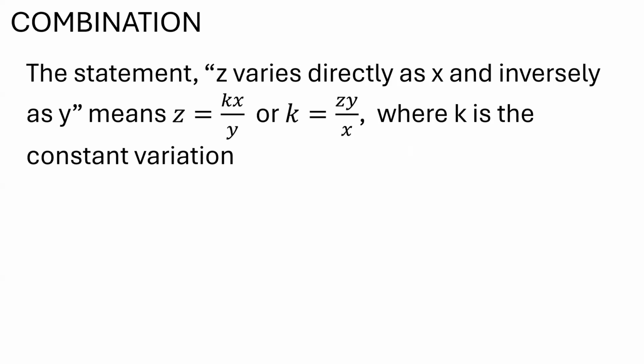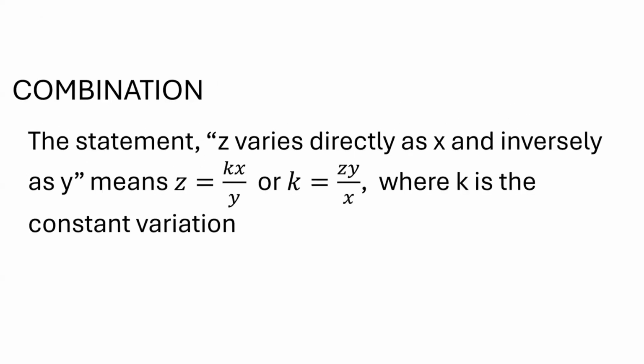So z is equal to k multiplied by x, which is the direct, and inversely with y, which is over y. Getting the constant of variation is very simple. We just solve for the k, right? The z and y are multiplied and then placed over x, where k is a constant of variation.